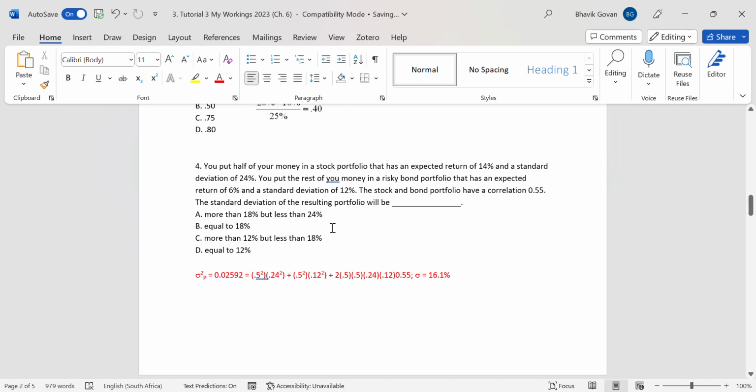So remember what I said earlier, we've got two risky assets, so let's calculate that.